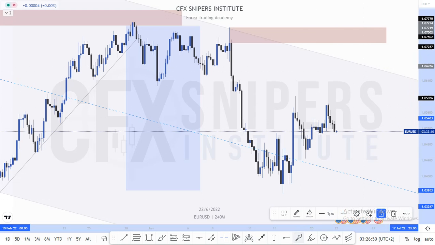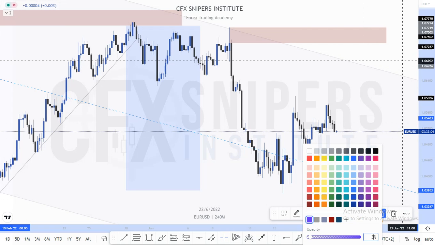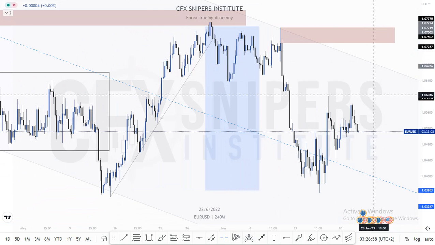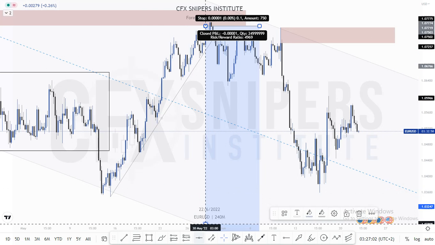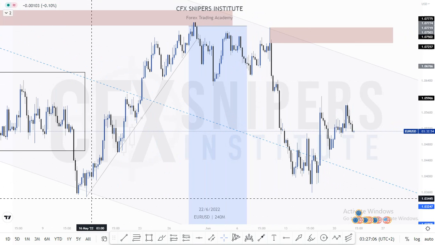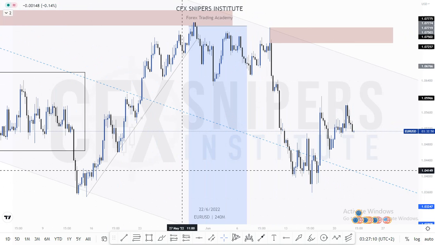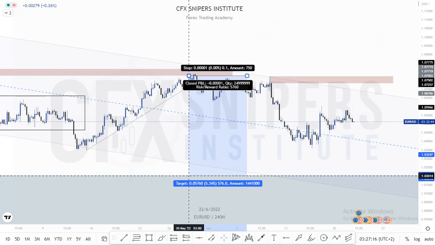Okay. So whatever sells we got there, we are still moving to the desired demand zone, which is the opposing zone. Can you see that there is a risk to reward ratio right there?